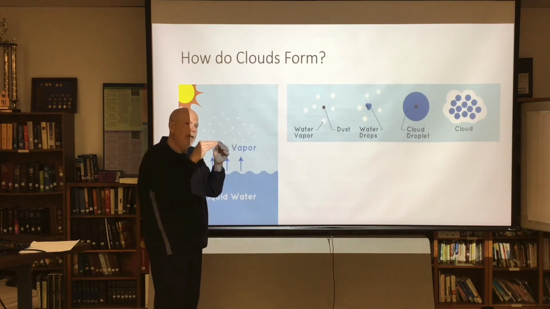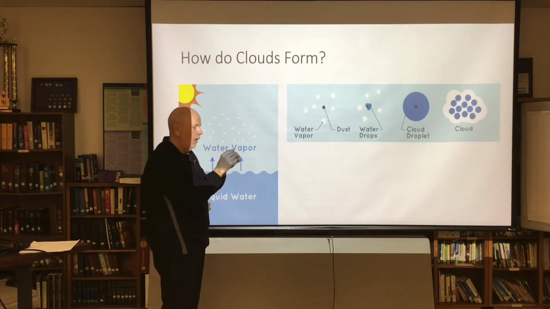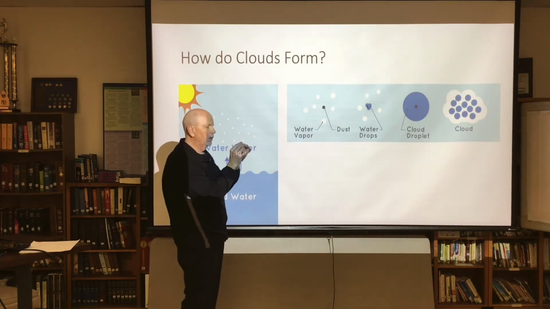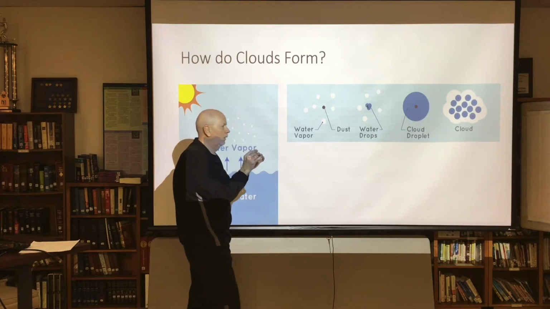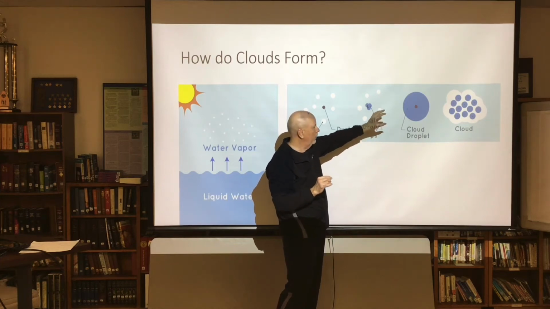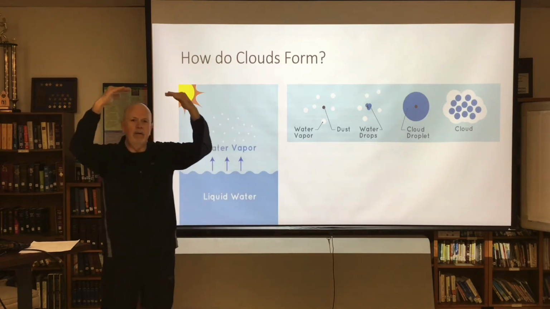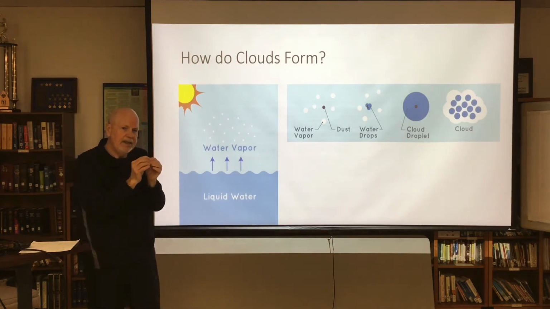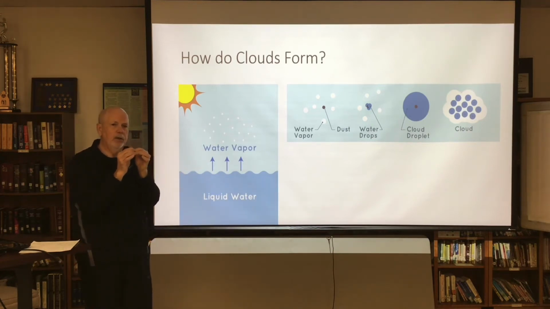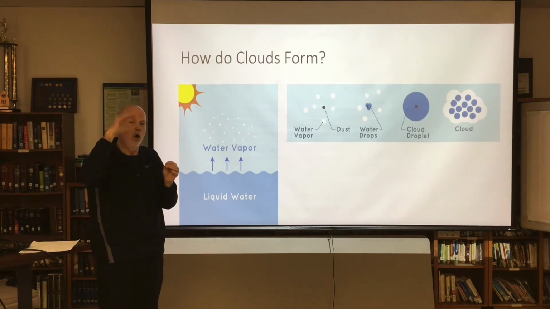But as they move up higher and higher in the air, then it gets colder, and then they start to join back together as little tiny droplets that get a little bit bigger and a little bit bigger until eventually we can see them as these little droplets that form clouds. So this water vapor going higher up into the air recondenses, which is the opposite of evaporation. They join back together into little droplets big enough to reflect light off of from the sun and for us to see.